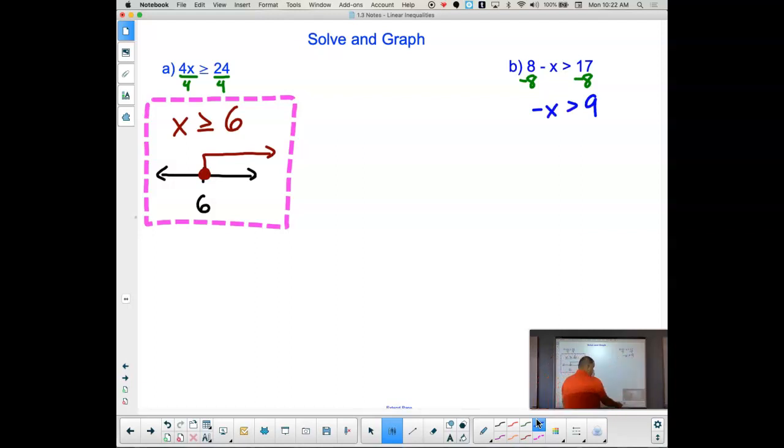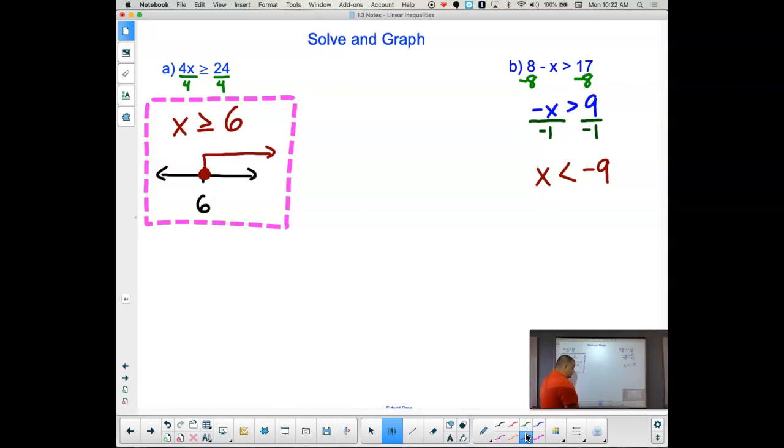I would divide by -1. I am dividing by a negative, ding, ding, ding. So my sign is going to flip from greater than to less than because I am dividing by a negative. And x is going to be less than -9.